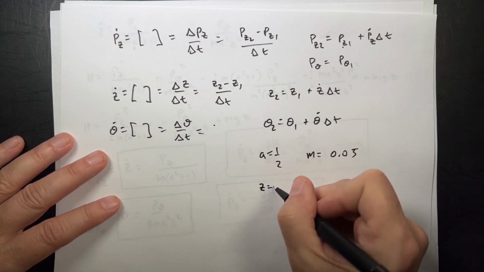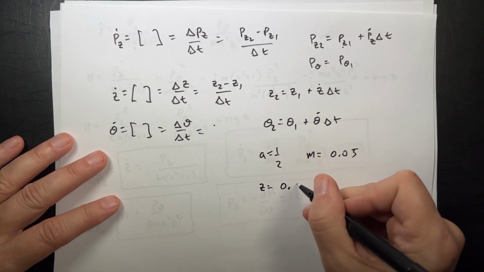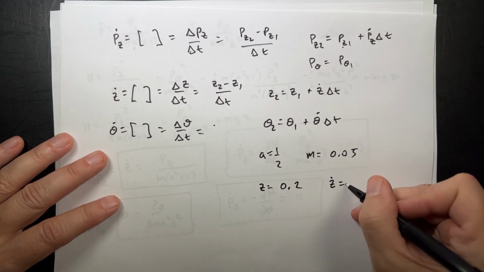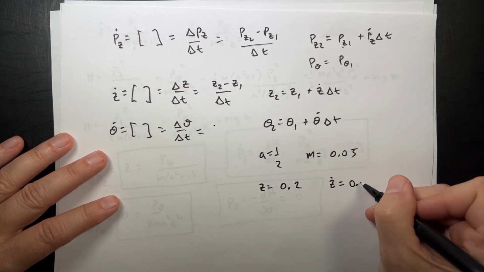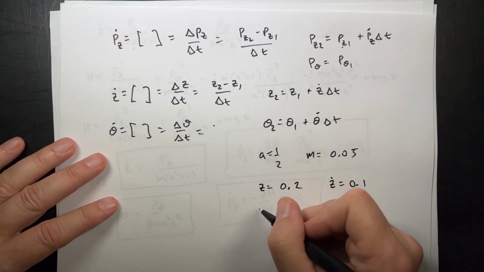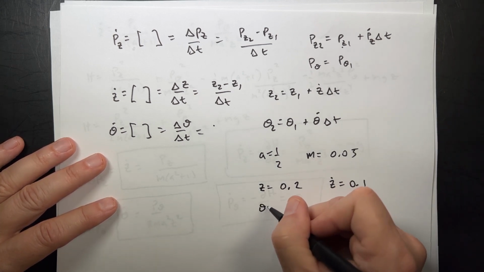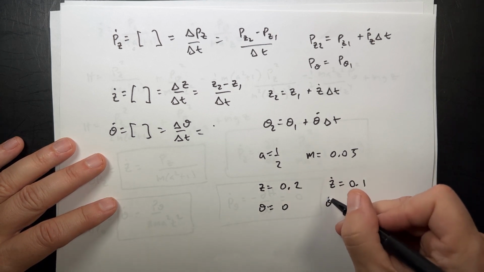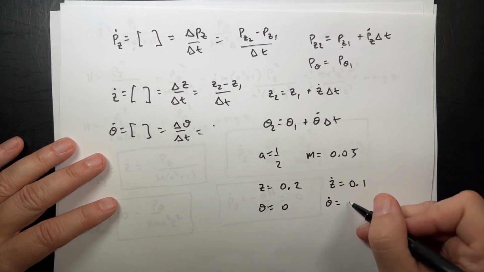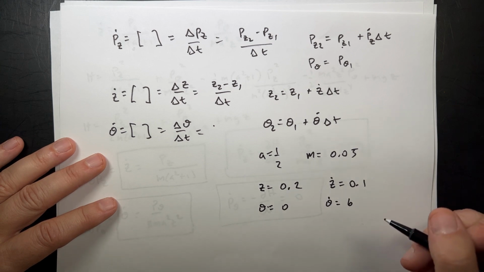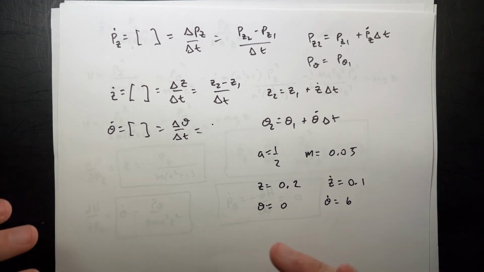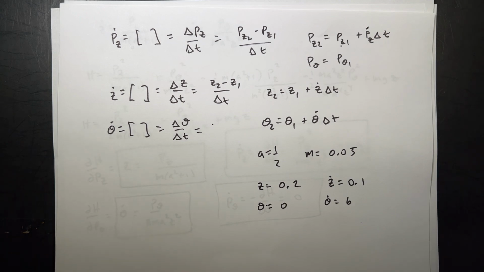So z equals 0.2. z dot is going to be equal to 0.1. I'm just picking stuff here. Theta equals, it doesn't really matter, 0. Theta dot initial is going to be, let's say, 6. I think I have everything. And then g. Okay, so let's use that.